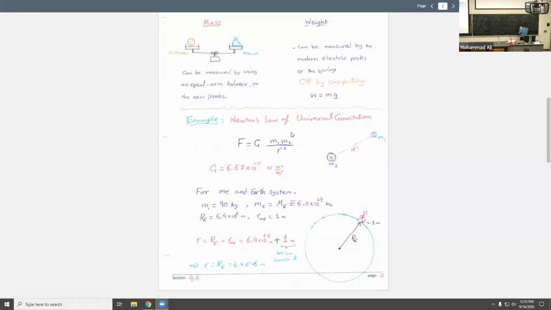The radius of the moon is equal to 1.7 multiplied by 10 to 6 meters. We have an important thing: G is a universal constant. It is the same in all others.